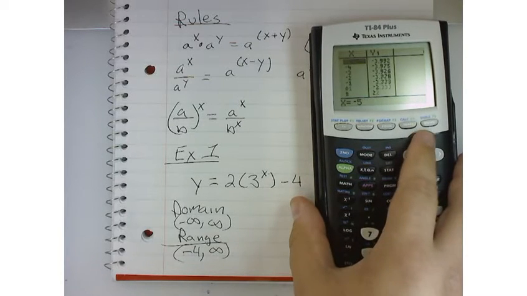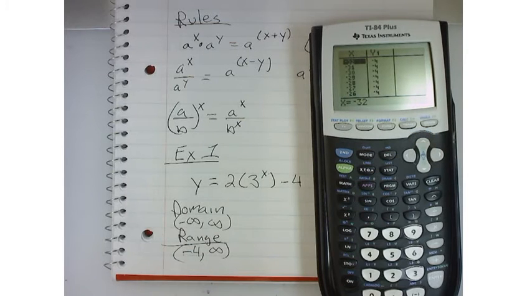If I start going in that negative x direction, what do you notice about the y? It's negative 4. Now that's rounding. That's an approximation. That's not the actual thing. If I were to go in and check her settings, it would be like 4 point something. Her calculator's rounding it to negative 4. But it never goes below that.